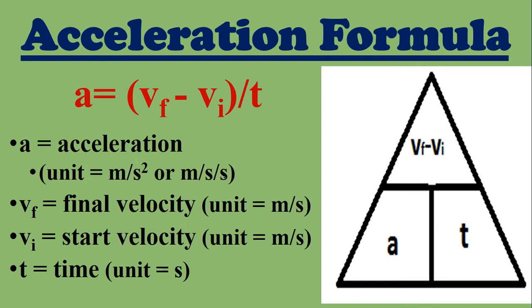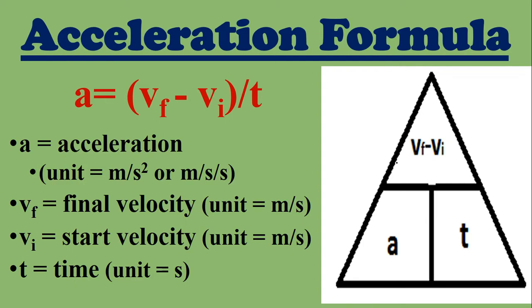It's the same thing, it's just different ways of writing it. Vf represents final velocity, and it will be in meters per second. Vi is going to be your start velocity, and its unit is going to be meters per second as well. And then t is representing time, and it's going to be a second.